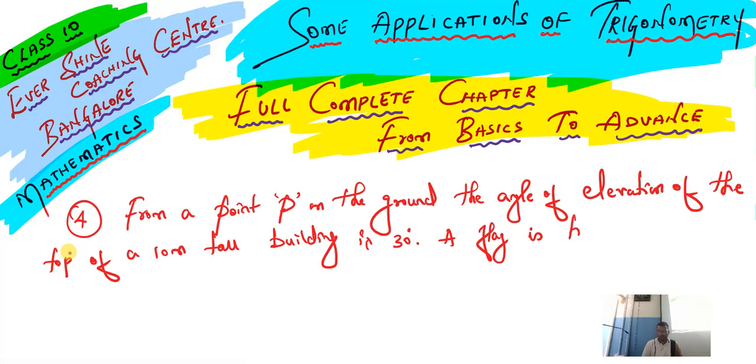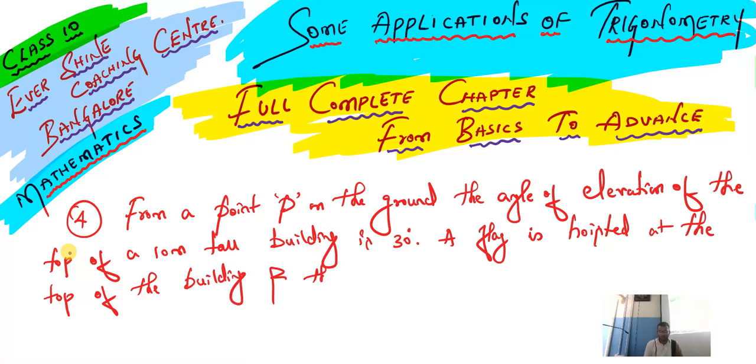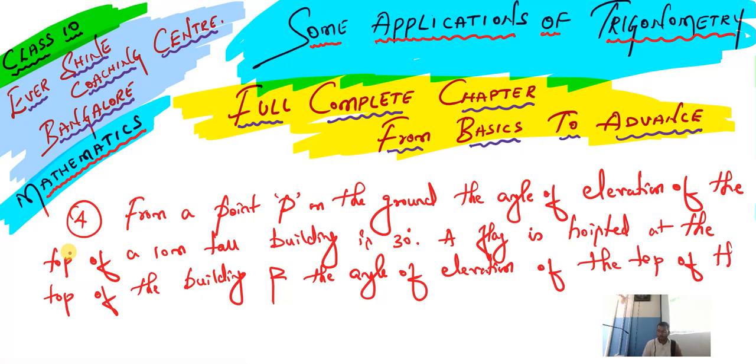A flag is hoisted at the top of the building and the angle of elevation of the top of the flagstaff from P is 45 degree.